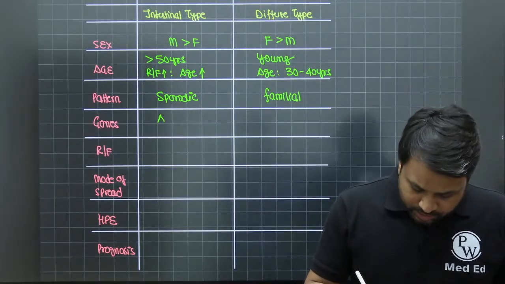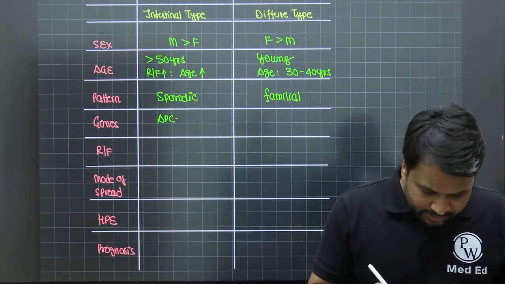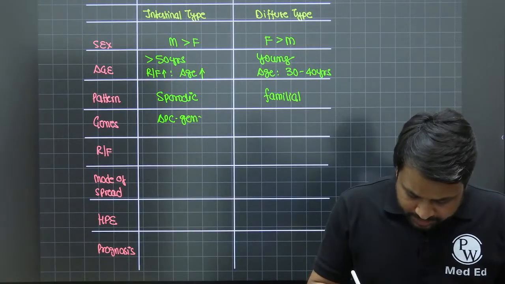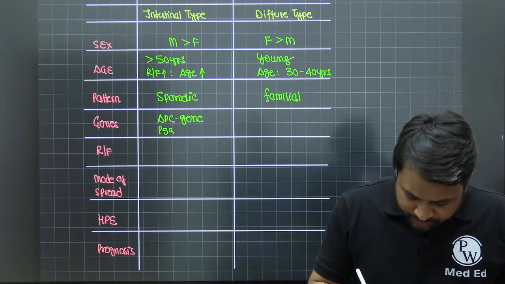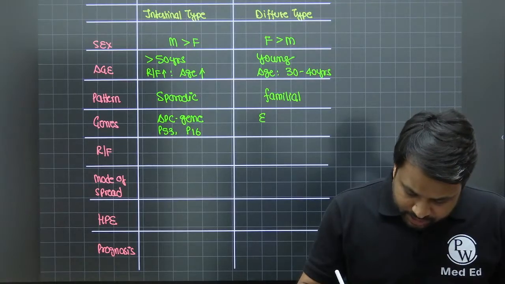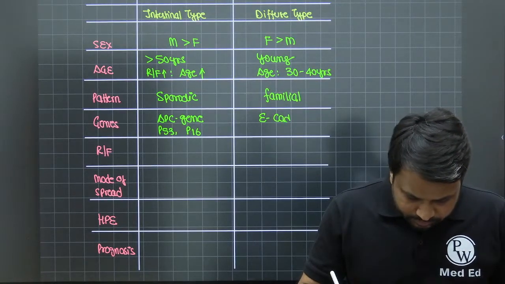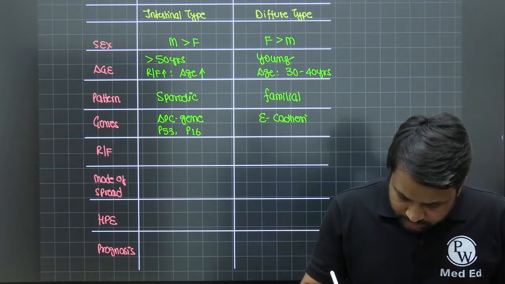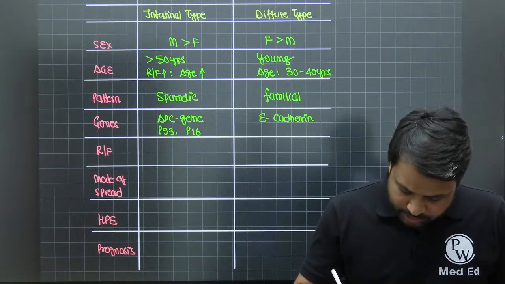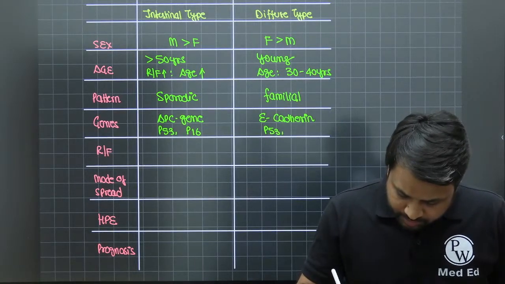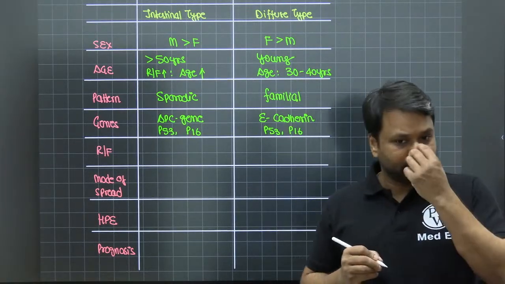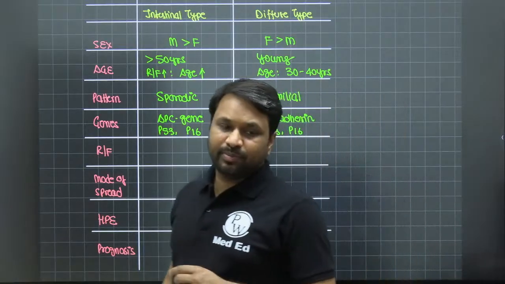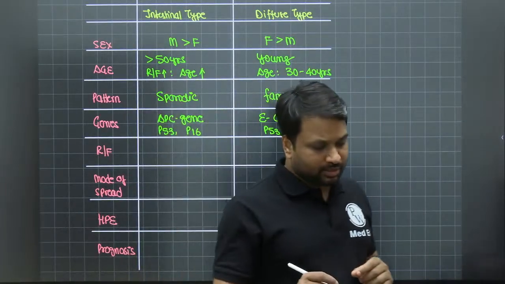Now the gene which is usually involved here is the APC gene mutation. But the other two which are common are going to be P53 and P60. The other one is going to be the E-cadherin gene mutation, again associated with the P53 and the P60 mutation.